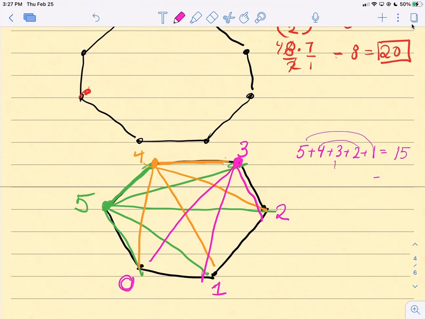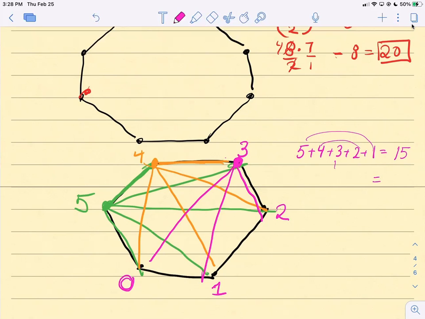Does anyone see another way you could have gotten to the number 15? 4 and 1 is 5. 3 and 2 is 5. 5, 10, 15. Oh, using combinations. Ah, there's a simple way we could have counted.